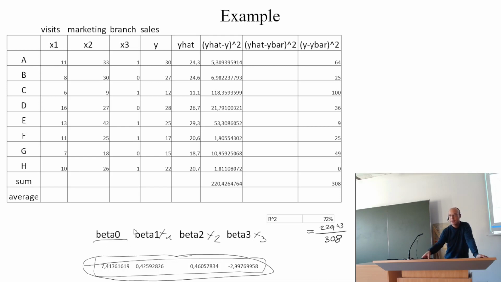Beta 0 is, in the simple case, the cutting point on the vertical axis. And this 0.4, what was it here? Visits would mean that if we increase our visits by 1, this would have an impact on our sales of roughly 0.4. Or if we increase our marketing budget by €1, this would mean, from this descriptive analysis, an increase of sales of 50 cents, maybe.